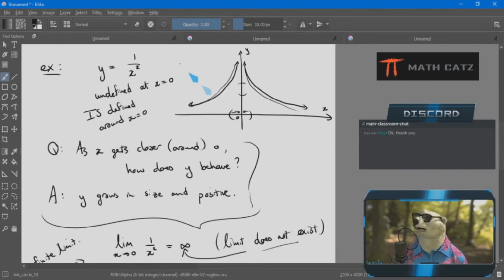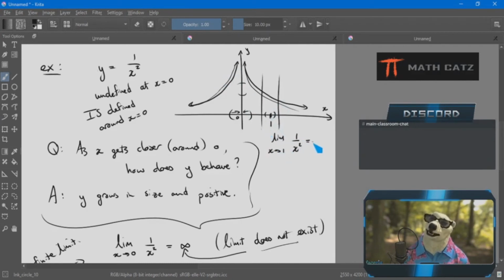Now, I will say, while I'm here, for example, if I ask for the limit as x approaches 1 for this function, note that there is no issue there. I am containing myself around a very small window around the x value in question. I don't care what happens anywhere else. Is it continuous on that little window? Yes, it is. 1 over 1 squared. 1 exists. Move on with your life.